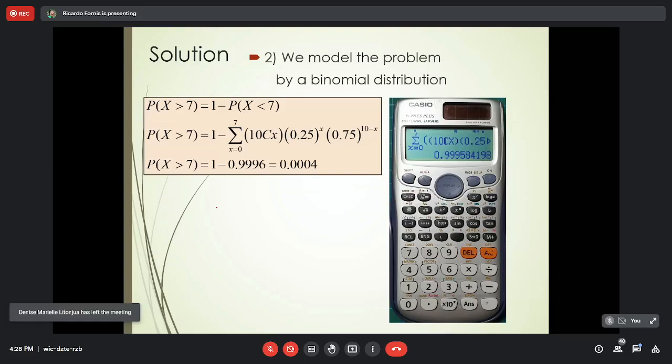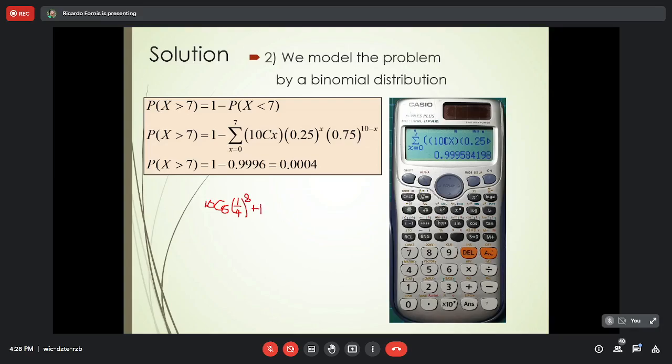So, you can utilize the formula 10 combine 8, times 1/4, the probability of success, to the power 8, plus 10 combine 9. So here you have 9 correct answers.